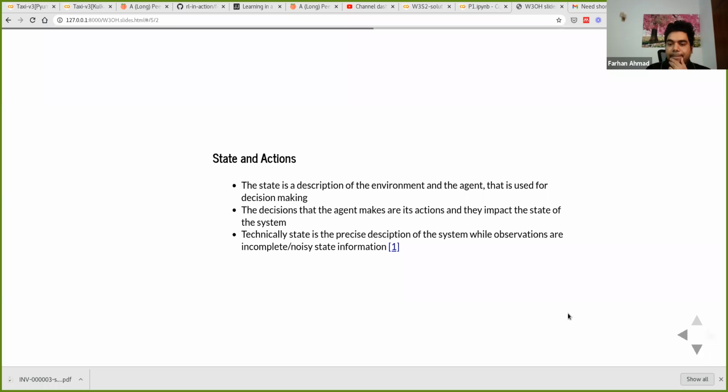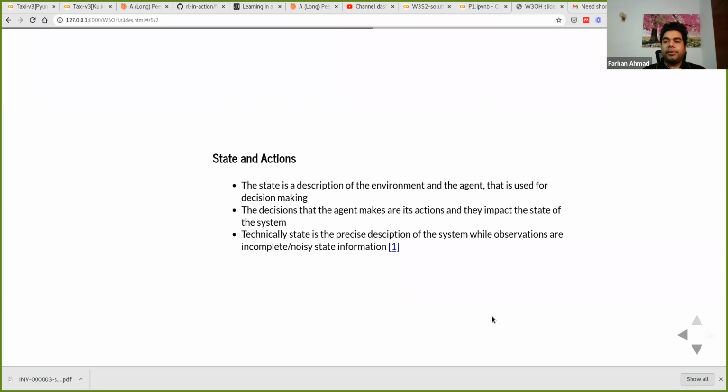Now, there is a very subtle difference that we haven't really talked about, but you will see when you're referring to books and other sources, that there is something called a state, and then there's something called an observation. The idea is that the state can be really complex. If you think of a robot that has a camera and is looking at a scene, the state is basically all the pixel data, or the video footage or the stream that the robot is consuming.